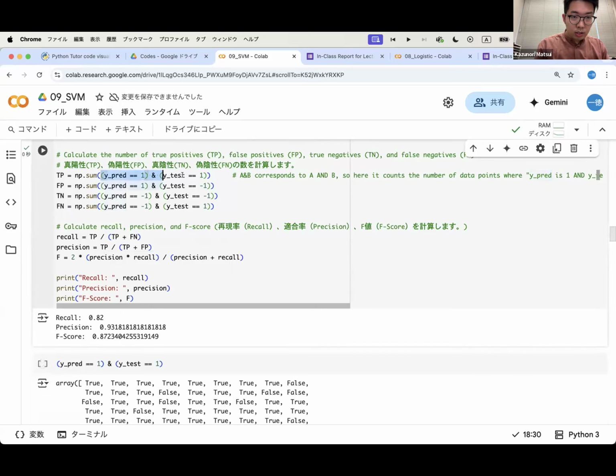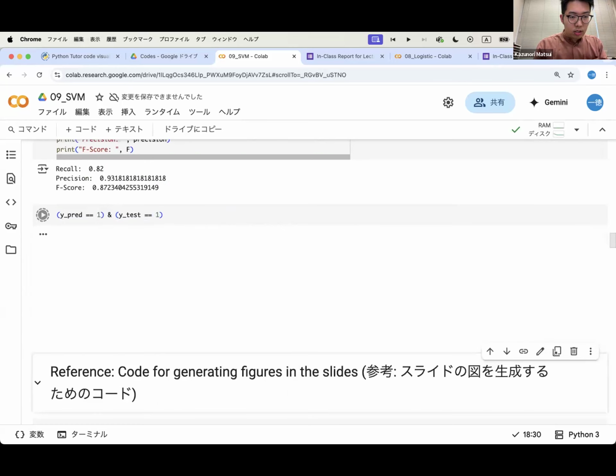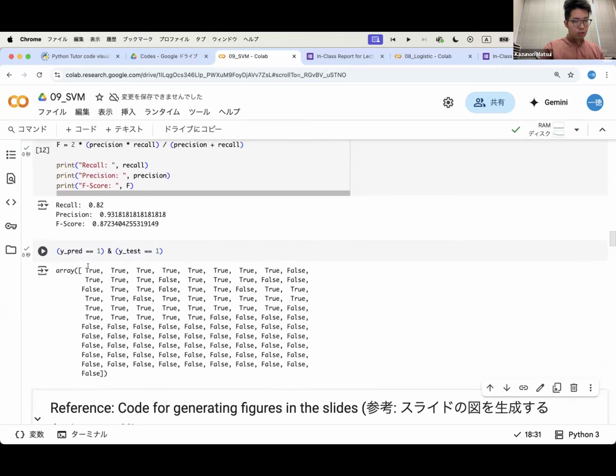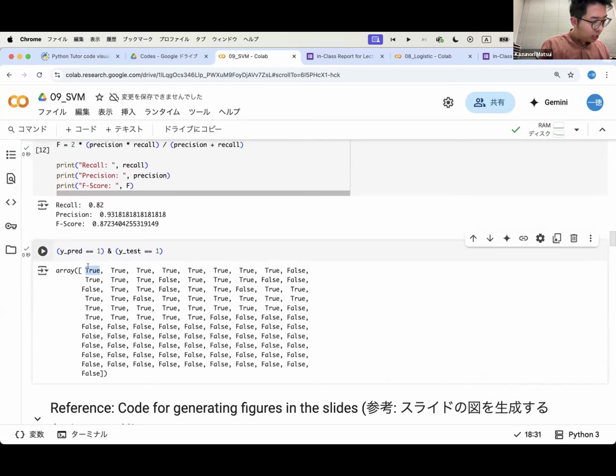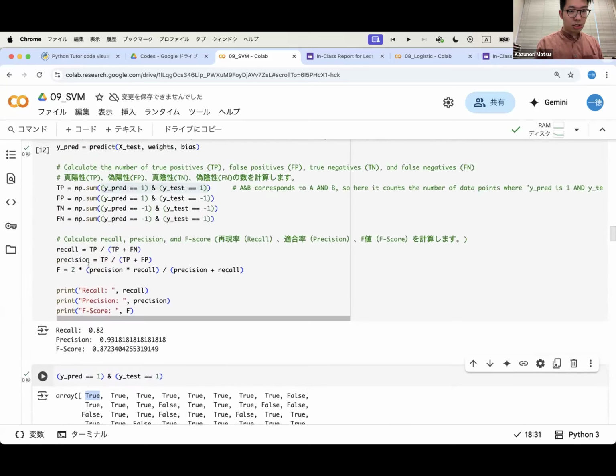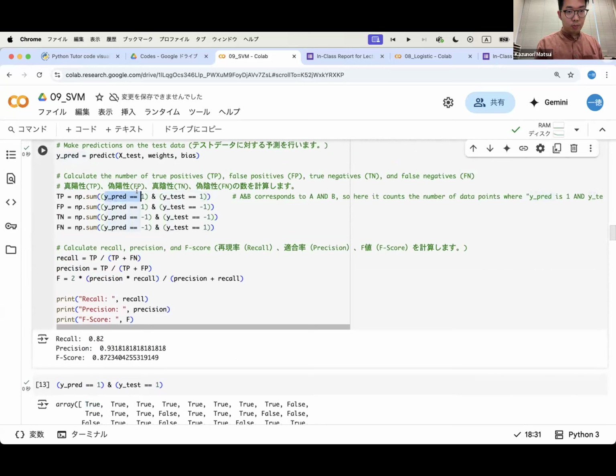So this part corresponds to here. This part returns true when y_predict, that is the predicted label, is 1, and returns false otherwise.